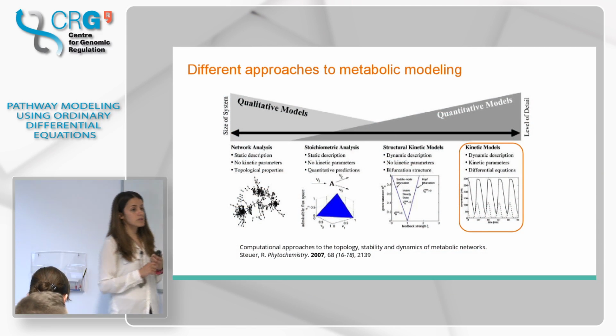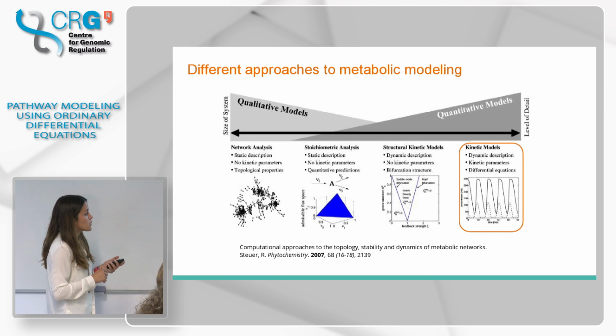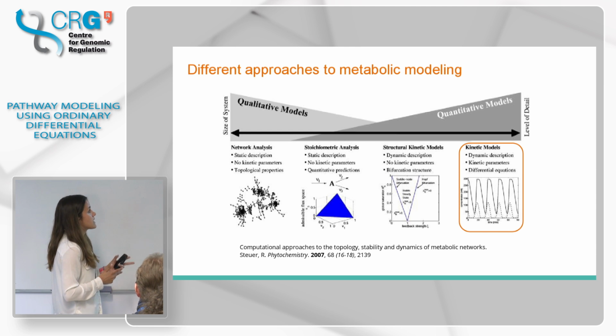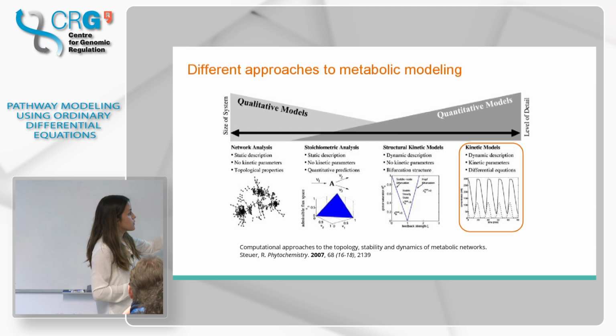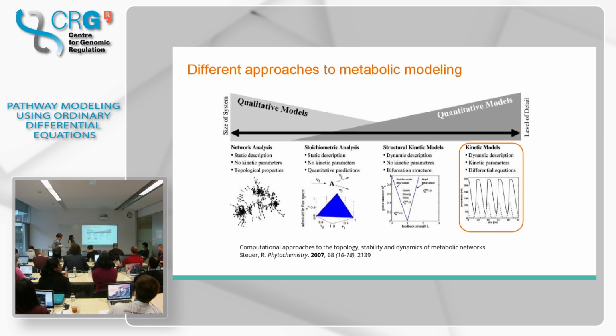So if you remember Jonathan's talk on Sunday, he was describing that when we are doing some modeling, we have to find a certain compromise between the size of the system or the scope of the model that we are working with and the level of detail we can achieve. So in this case, this is a different representation of the same.